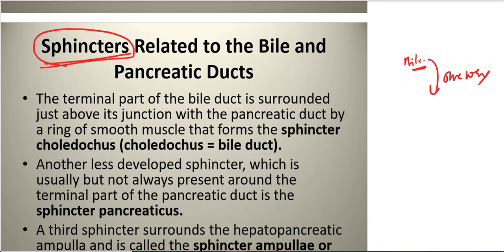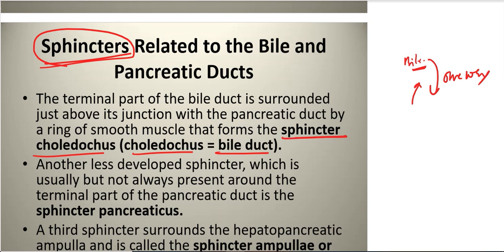Because of these sphincters, the opposite way is not possible. So first sphincter is called sphincter choledochus. Choledochus means bile duct. The first structure is sphincter choledochus.